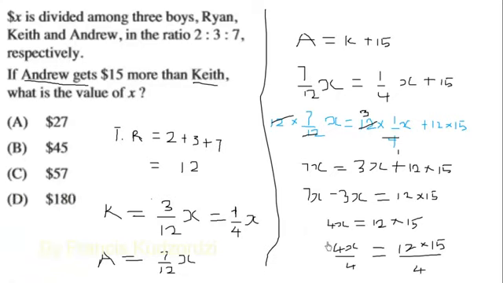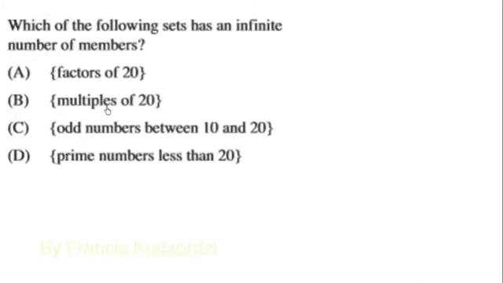So let's cancel this, cancels this, then 4 cancels this 3 times. So we are left with x is equal to 3 times 15, which is $45. So they shared $45. So the value of x is 45. The correct answer is B.